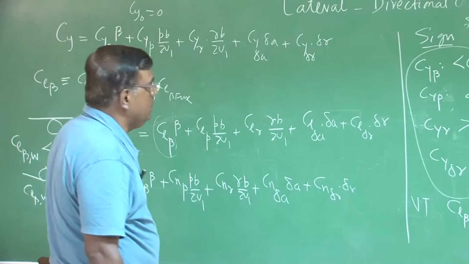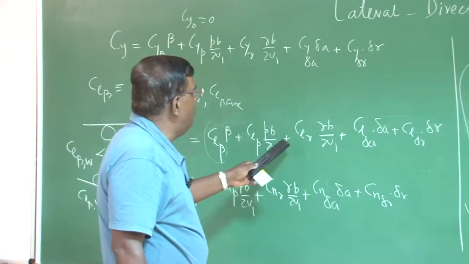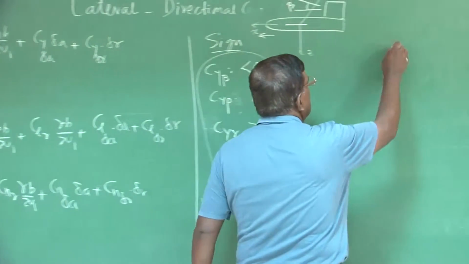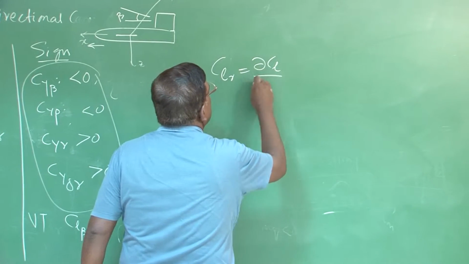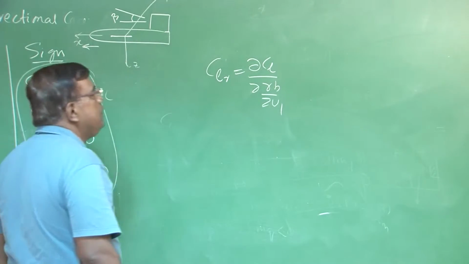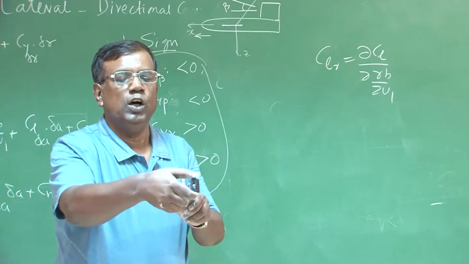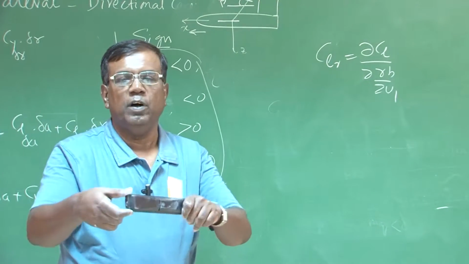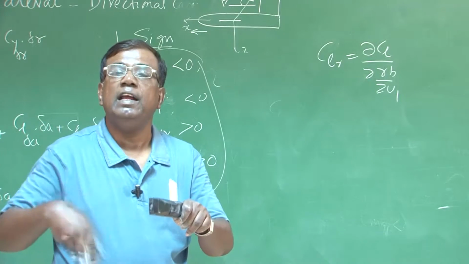What about C_L r? Let us see what is C_L r. Once C_L p is over, now look for C_L r. What is C_L r? C_L r is dC_L by d(rb/2U1). That means question is, if this body is having a yaw rate like this, which is a positive yaw rate, right wing going back, will it create a rolling moment as a reaction or not?